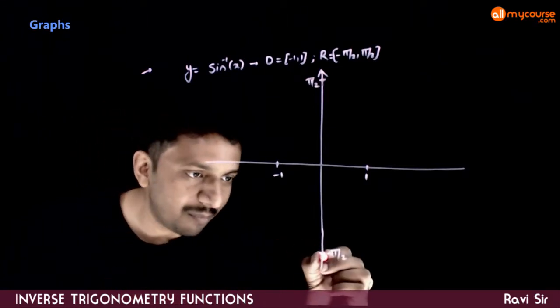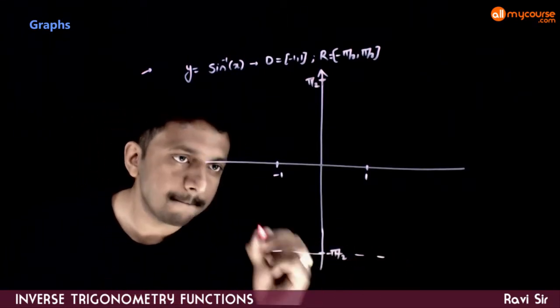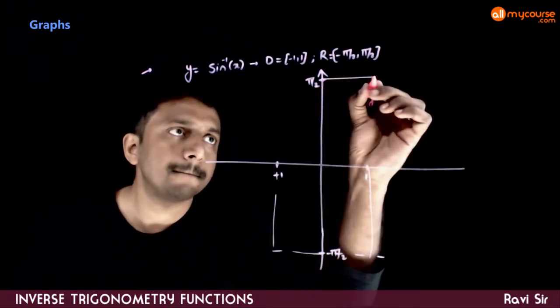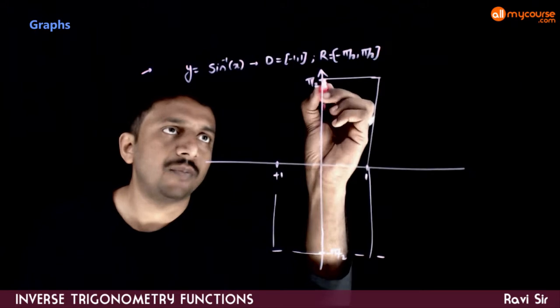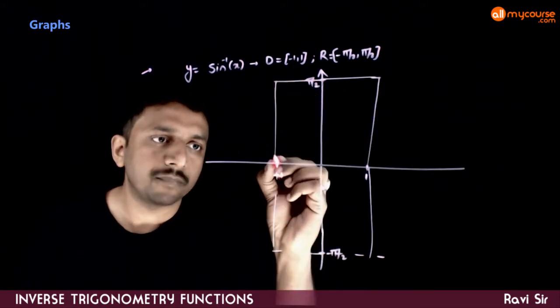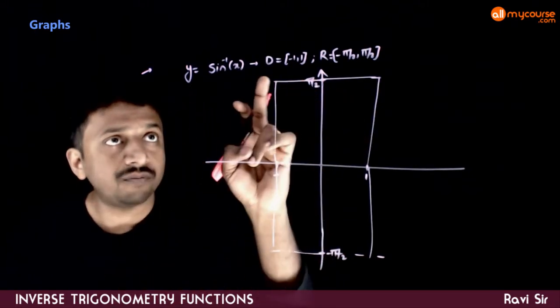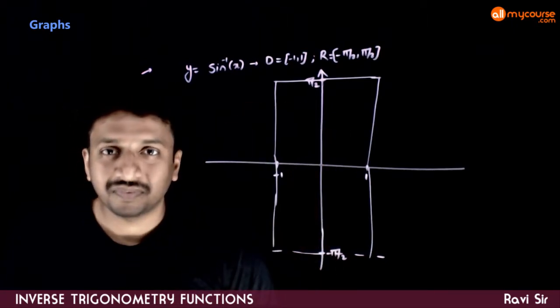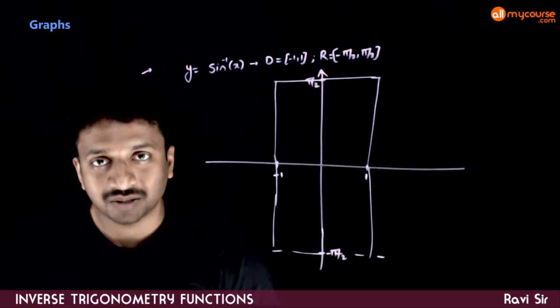That is, if I draw a box like this, the graph of y is equal to sine inverse x lies inside this box. So I hope you have understood until this point.